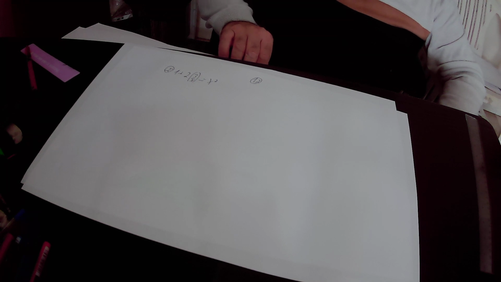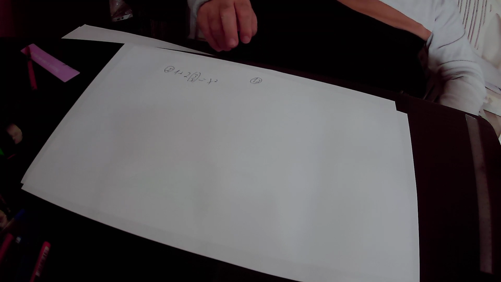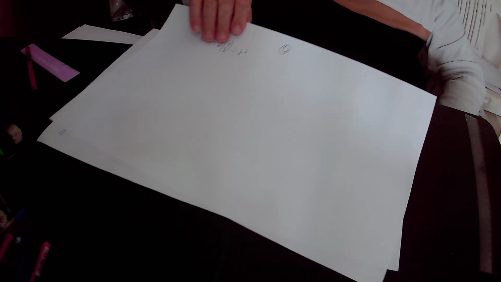Here 2 times 3 is 6, so we write it down.